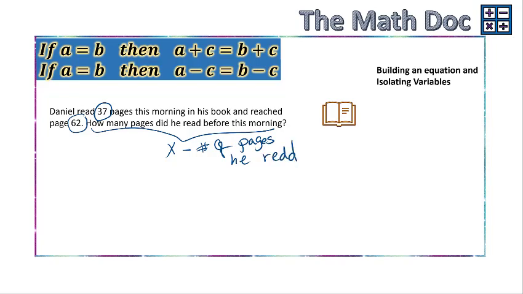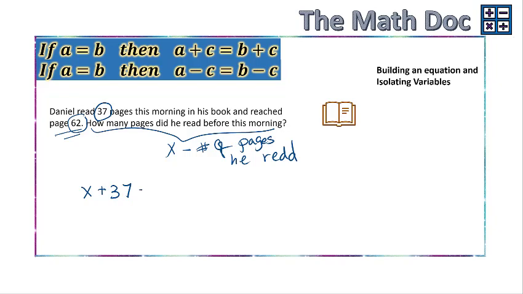Okay, so let's write our mathematical equation here. Let's write this story in numbers and variables. So let's start with how much he read before. He read x pages before this morning. Let's add to that the number of pages he read this morning. That's another 37. And we know that he reached page 62.